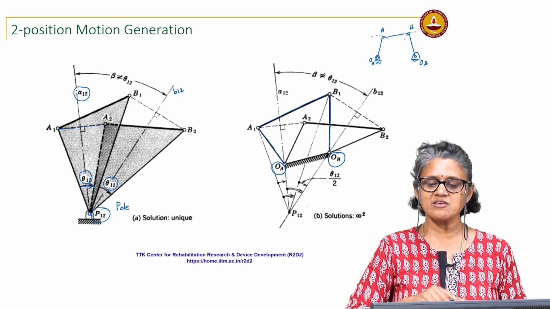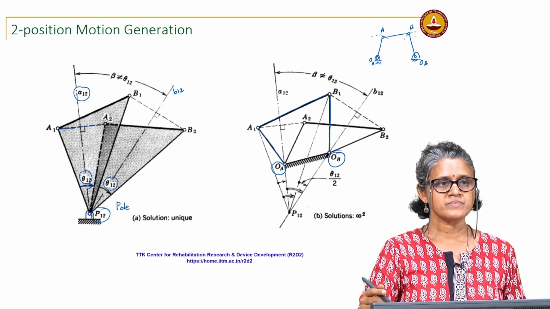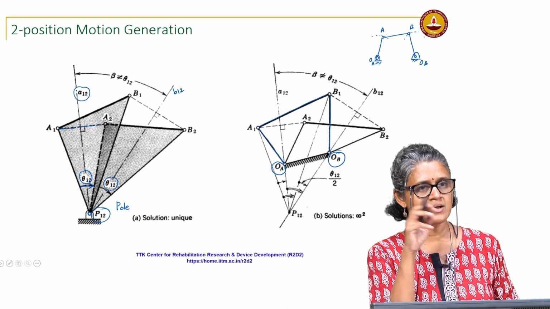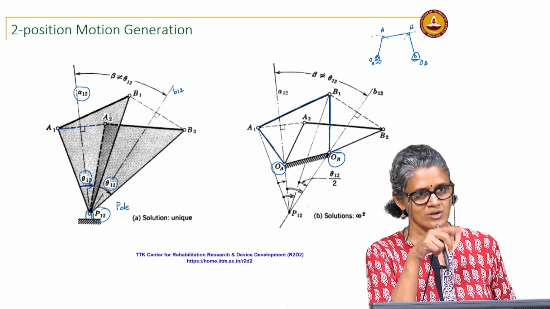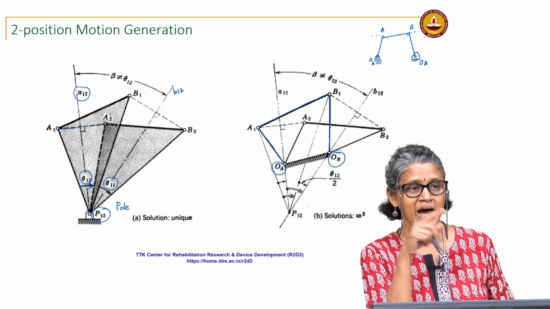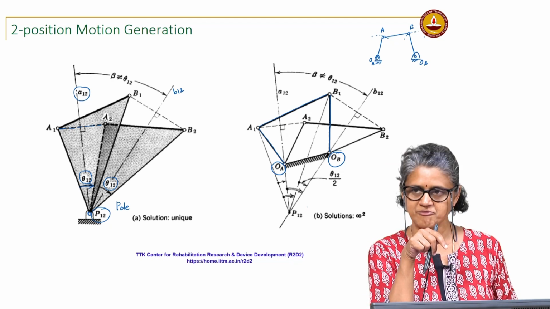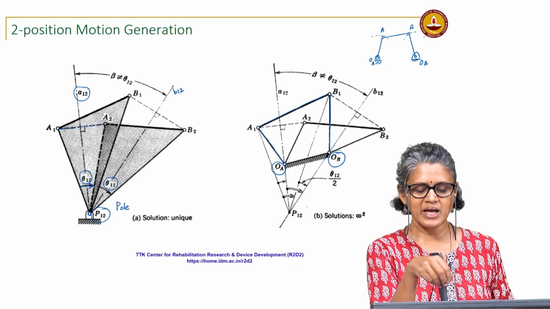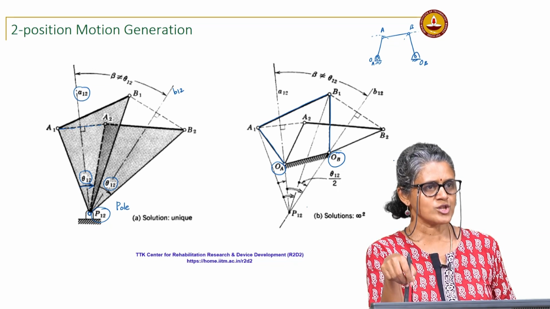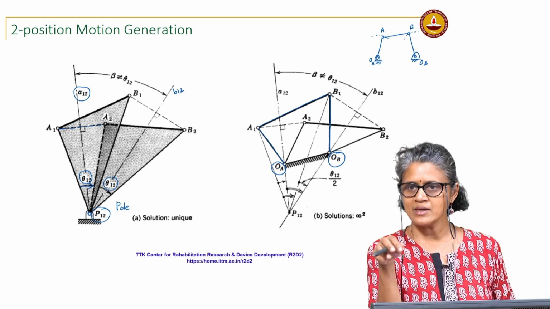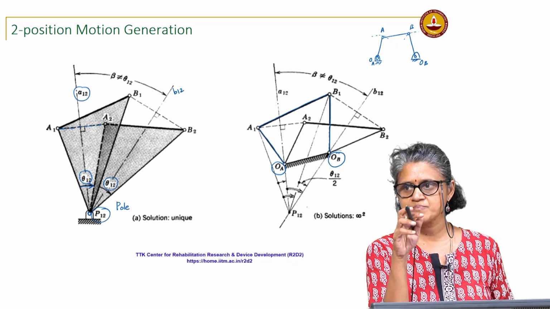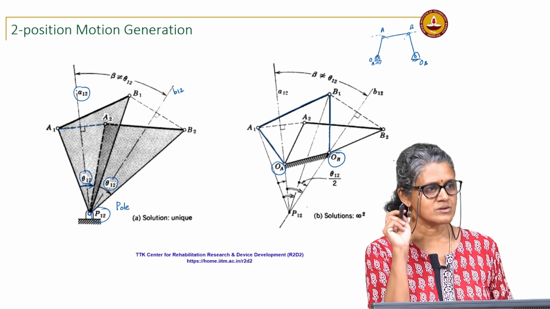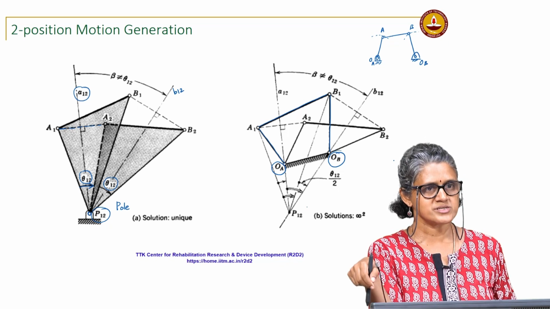Okay. And I am using the fact that the locus of A and the locus of B both lie on arcs that will be centered around the fixed pivot. So, I can locate my fixed pivots for the 4 bar on the perpendicular bisectors of the positions of the 2 points.